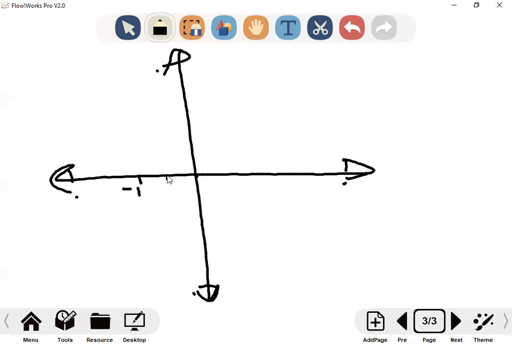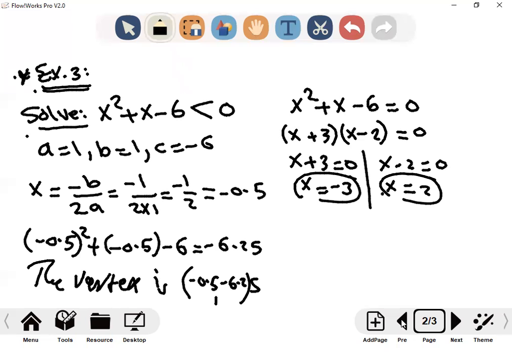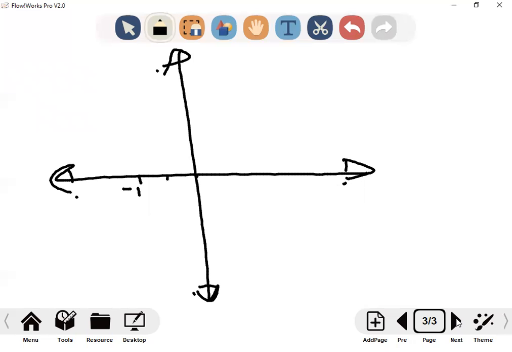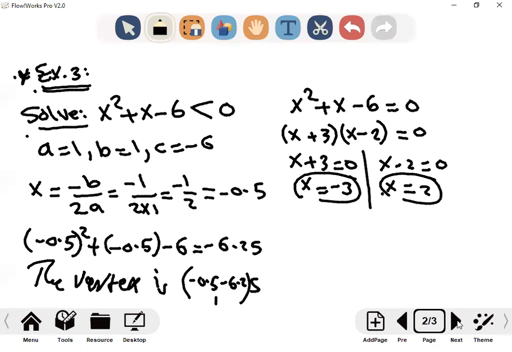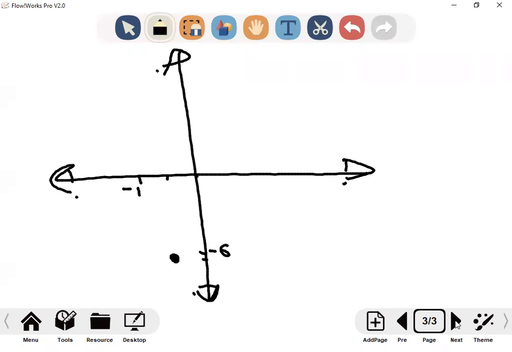In y, after the -6 by a quarter only. So in y, I will go to -6 here, something here, and this is the negative half. So here is my vertex, right? A is positive, don't forget that, so it opens upward. But what are the intercepts? The intercepts are -3 and 2. So here the 2 and here the -3.